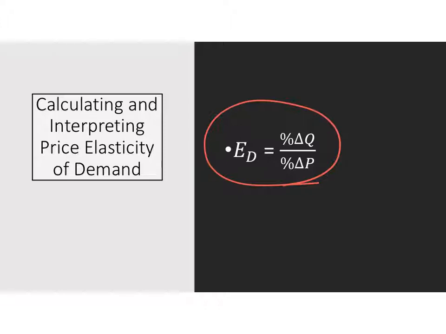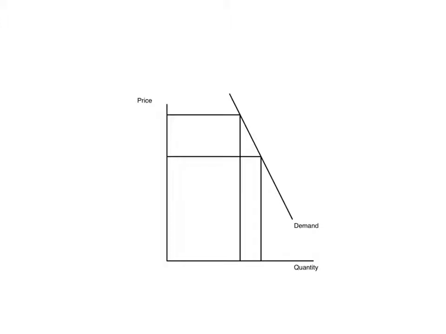So what we'd like to do now is to demonstrate how to calculate and interpret price elasticity of demand. Here we have a very simple demand curve, a linear demand curve, and there are 2 points that have been identified.